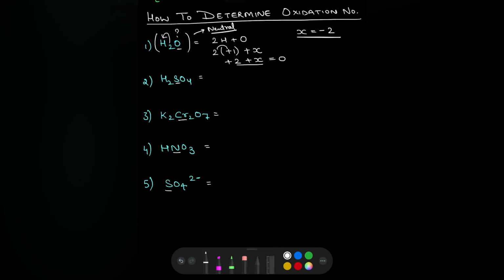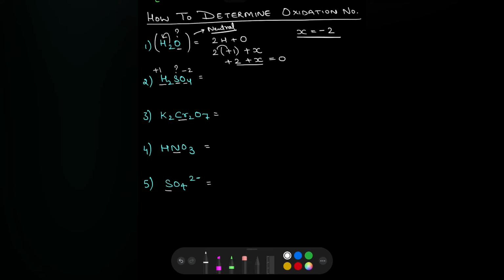Now the next example, we have to find it for the sulfur atom. The oxidation number for hydrogen is +1. We have to find it for the sulfur, and the oxidation number of oxygen here is -2.